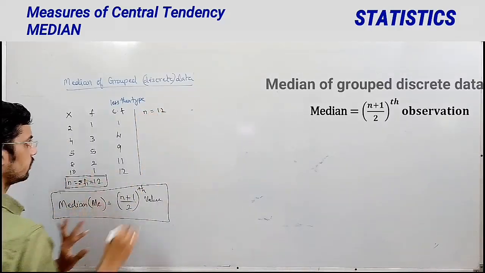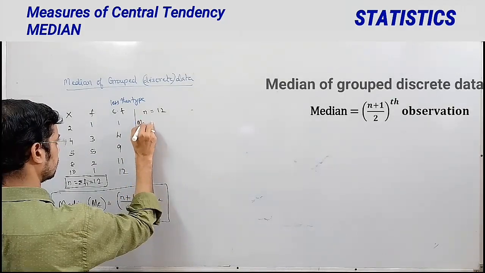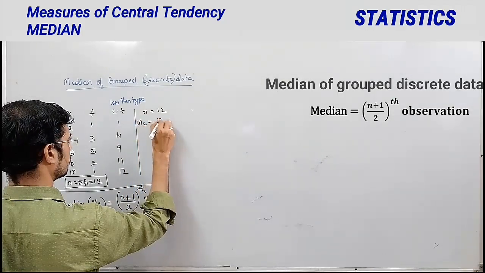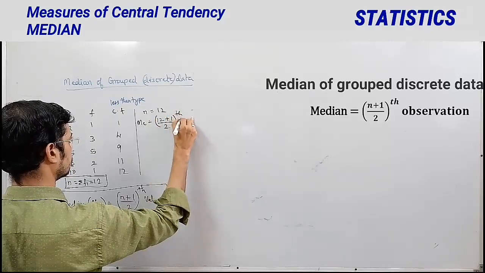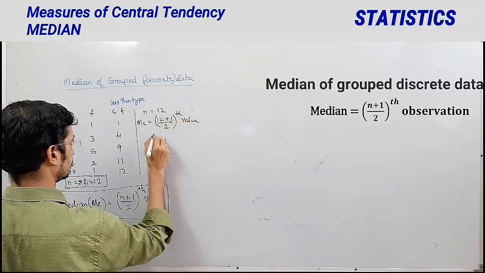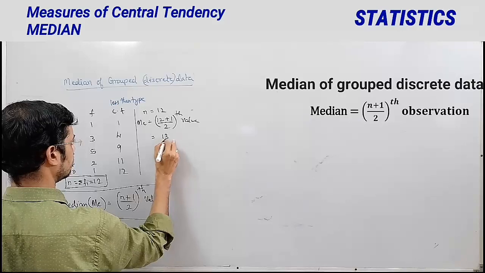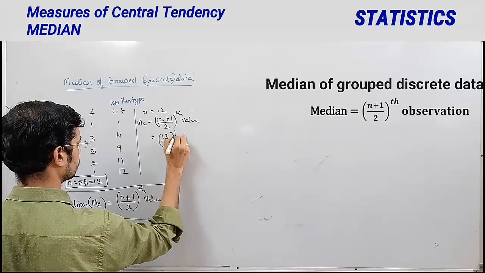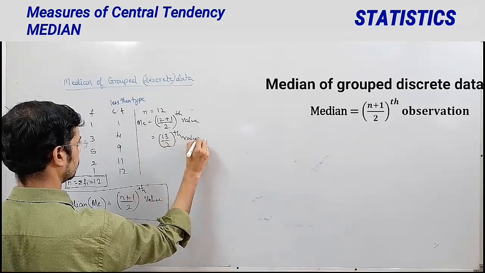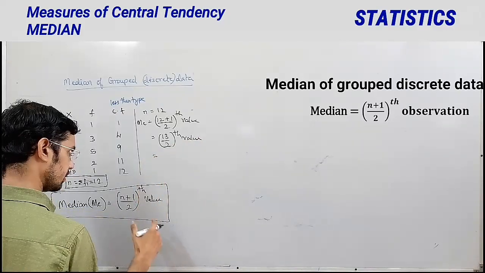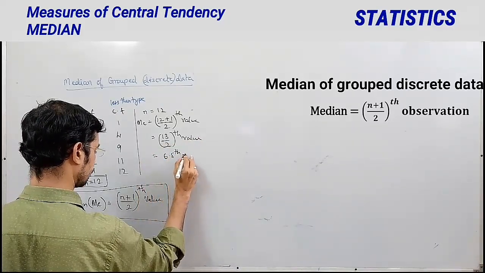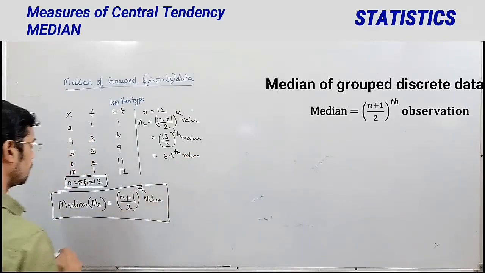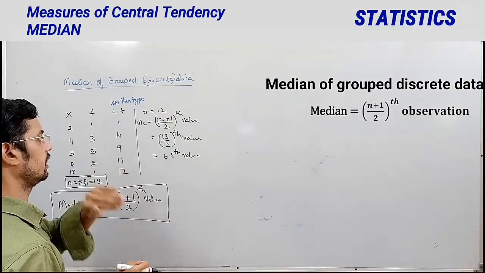So what is n plus 1 by 2? Median equals 12 plus 1 by 2 value, so we have 13 by 2th value, and that is nothing else but the 6.5th value.